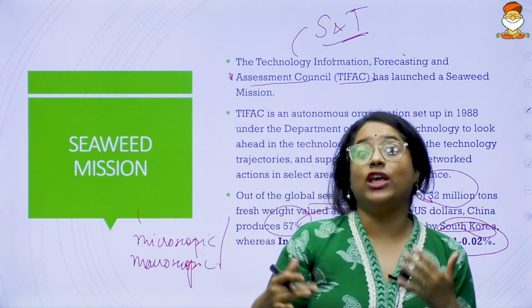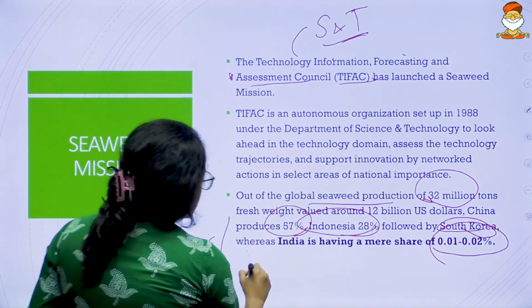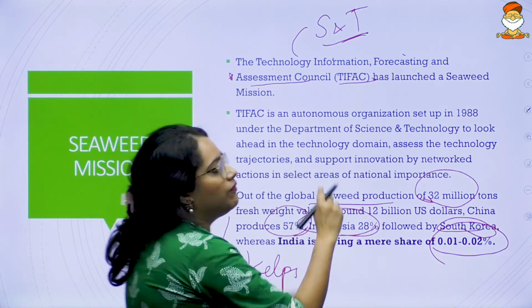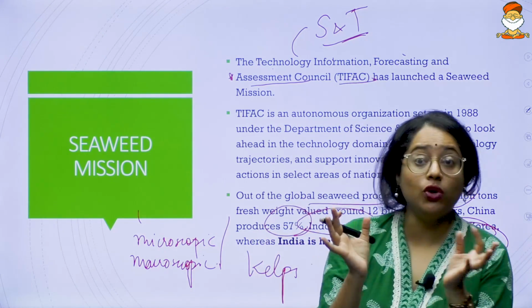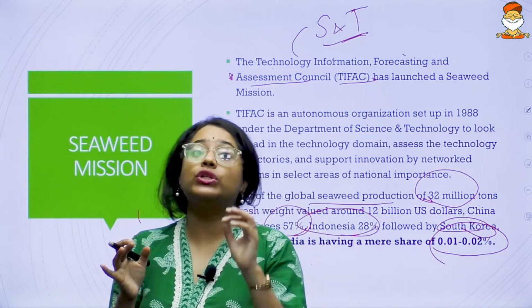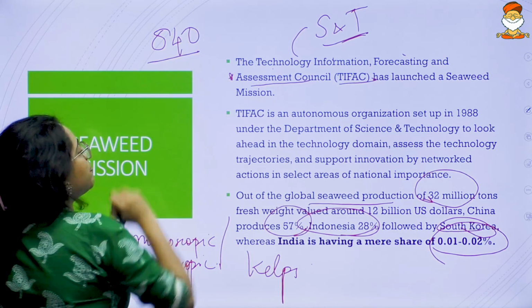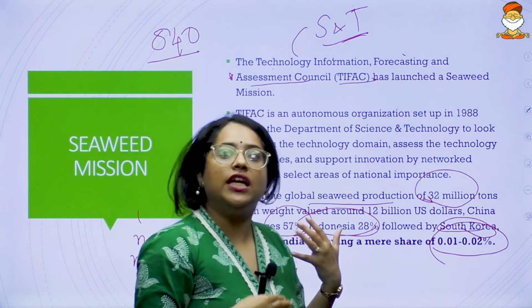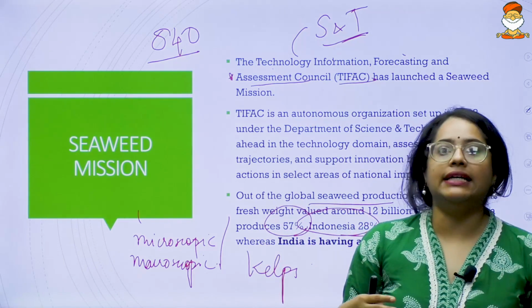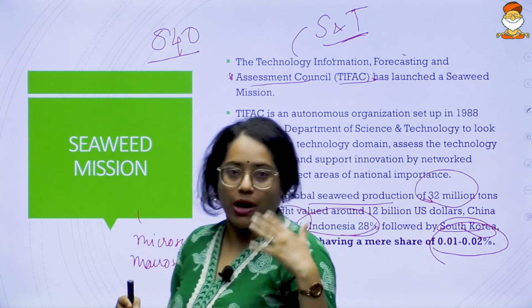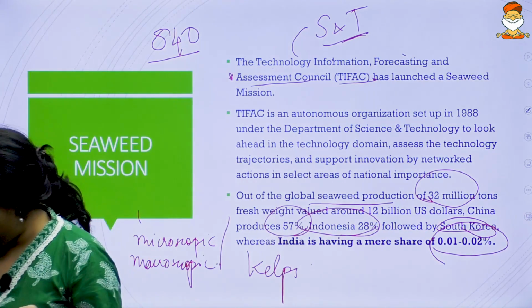Large species like kelp also come under the seaweed category. India has almost 840 identified species of seaweed. It includes brown, red and green algae, etc.